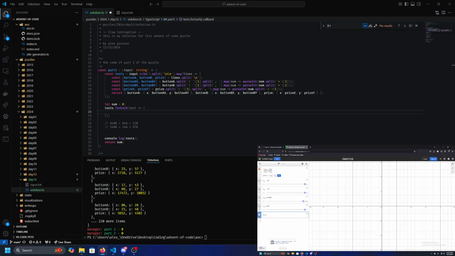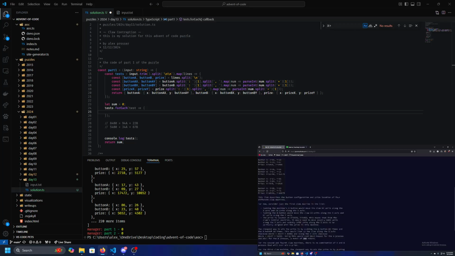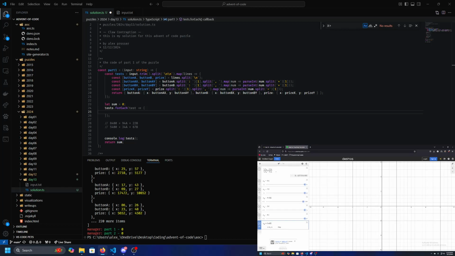C5 is equal to 67. C6 is equal to 540. Yeah, I don't think my thing got it right, because it's giving me... what should it be giving me? 40. It should be giving me straight up 40, which it doesn't. So let me see where I did it wrong.